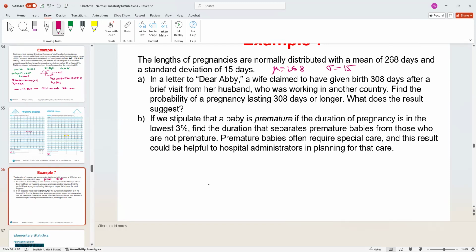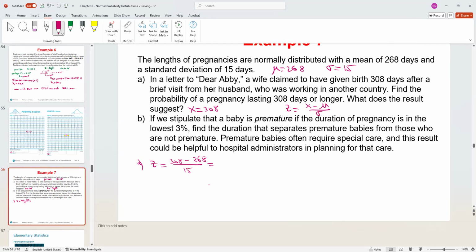First of all, what you need to do in this case is to convert. We must convert it because x is 308. Remember what z is: x minus the mean over sigma. So we convert that x value: 308 minus the mean 268 over the standard deviation. What is z in this case?